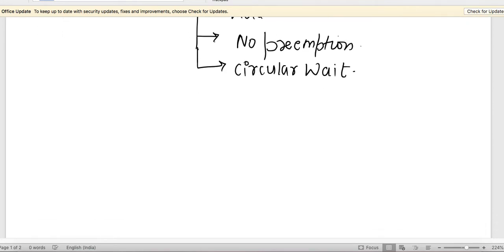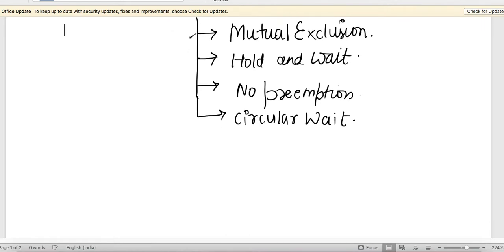It will be more clear with that. Let's suppose P1 is a process, and it is holding resource R1.